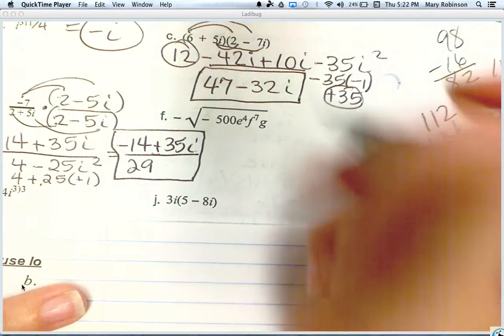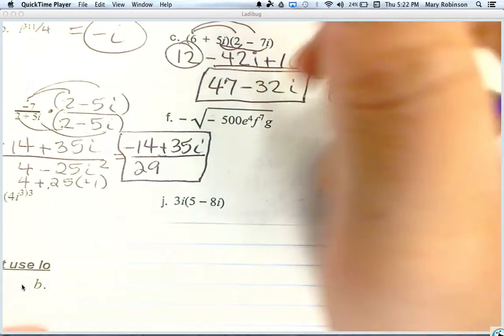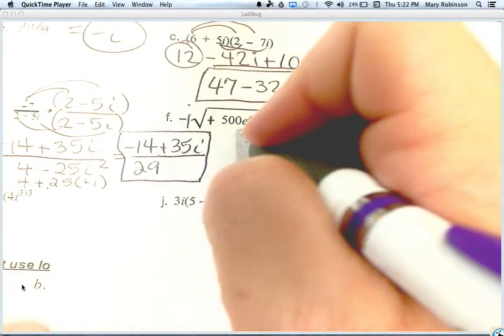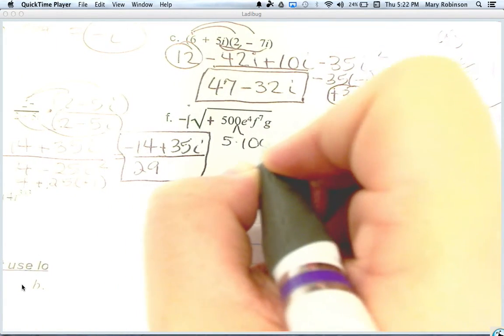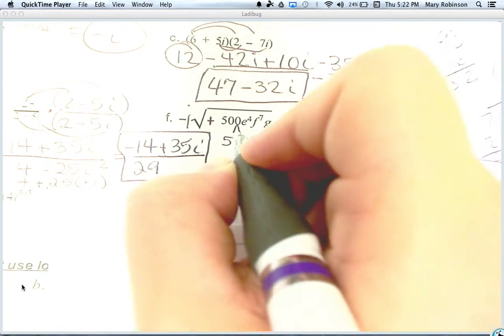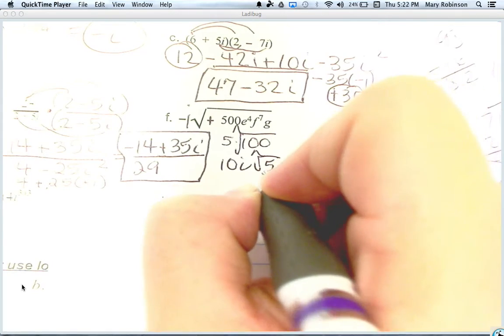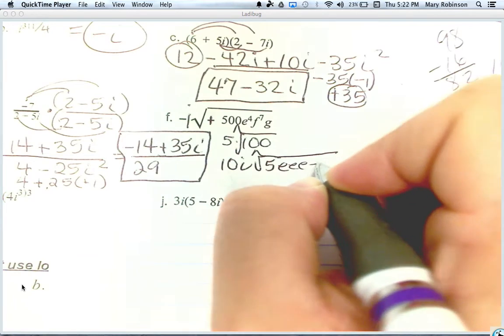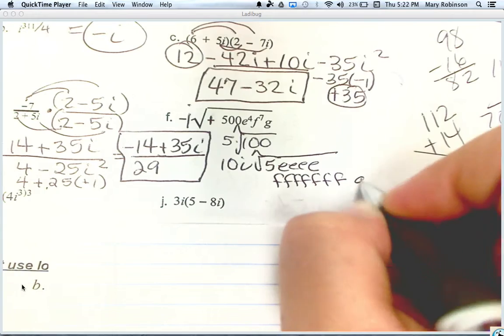For F, first thing we should recognize is we have square root of a negative, so we should put i out front and make that positive. When we break this down, we get 5 times 100. And actually, once we know that that's 100, we should know that that's 10i square roots of 5. We just have to then take care of your variables. So you have 1, 2, 3, 4, 1, 2, 3, 4, 5, 6, 7, and a g.